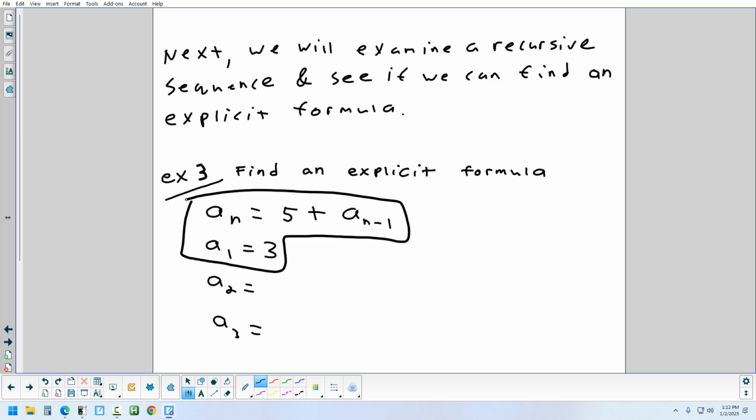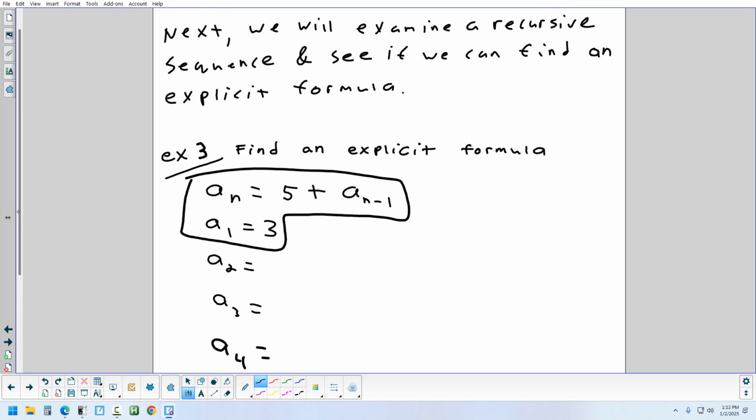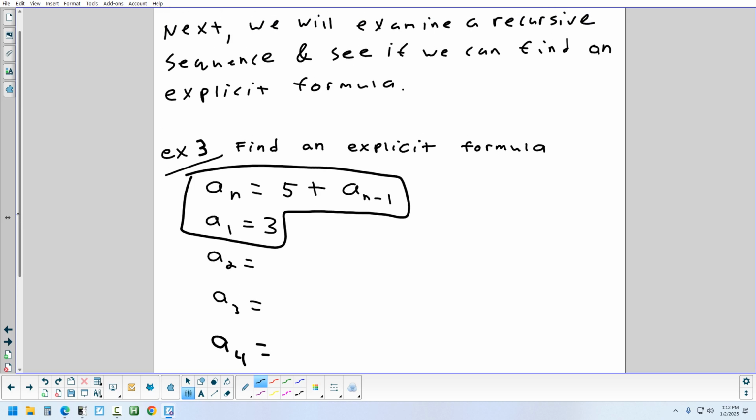To do that, let's list out the first 4 terms. What is the first term in this one? 3. How do you know that? It says it. It has to be given. If it's a recursive formula, they have to start you with the number. So the first term is 3.